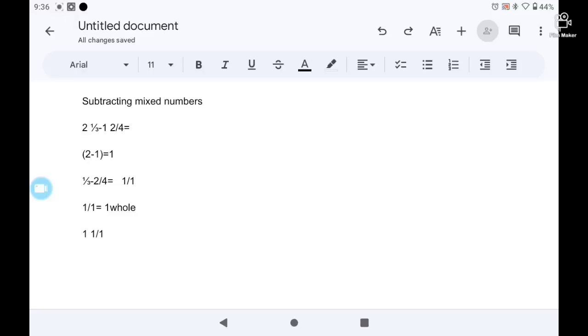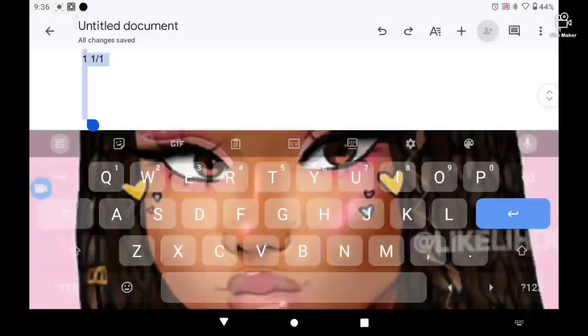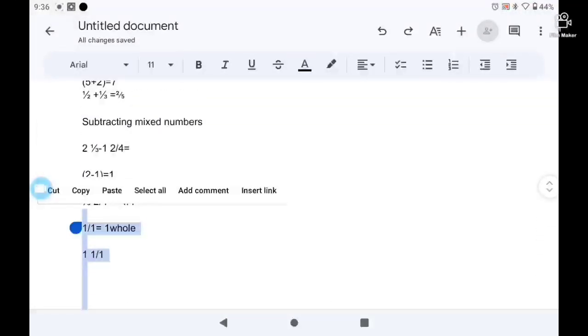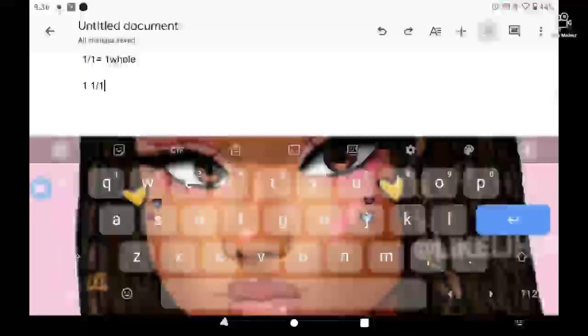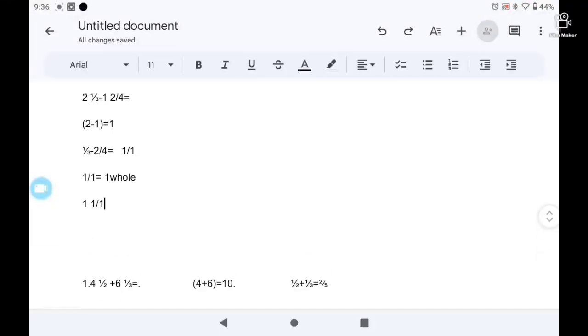When I'm subtracting or adding the whole numbers, I normally put them in a bracket to show they're the whole numbers. 2 take away 1 is equal to 1. Then I come down to the fractions, which are 1/3 and 2/4. I subtract 1/3 and 2/4, which equals 1/1, which is equal to a whole.